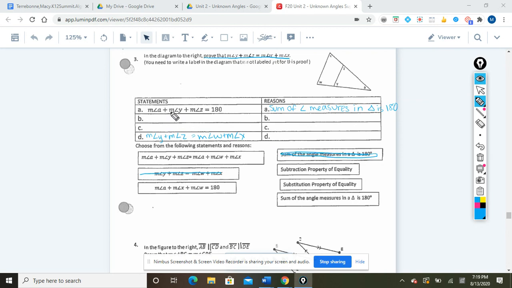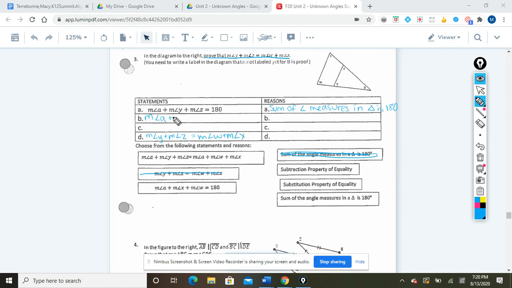All right, so we knew A plus Y plus Z equals 180. So our next option for a statement is either all this mumbo jumbo where we say A plus Y plus Z equals A plus W plus X, or we say A plus X plus W equals 180. Well, we can't really say these two equations are equal to each other when we don't even know what all this equals yet. So this one has to go next.